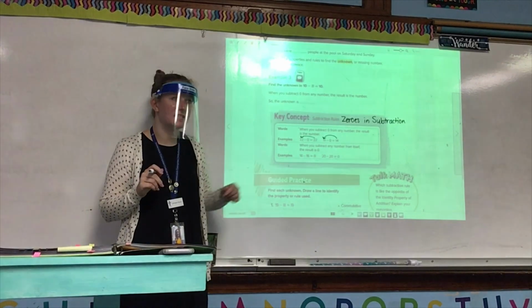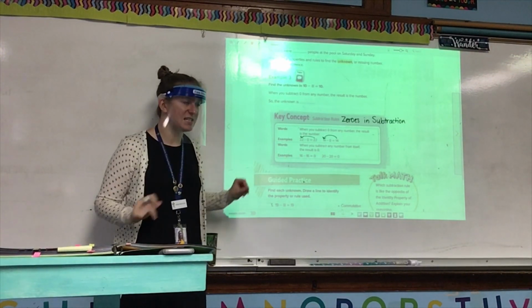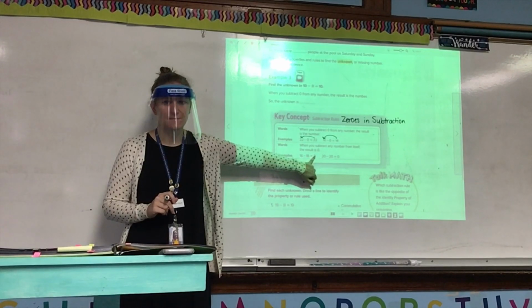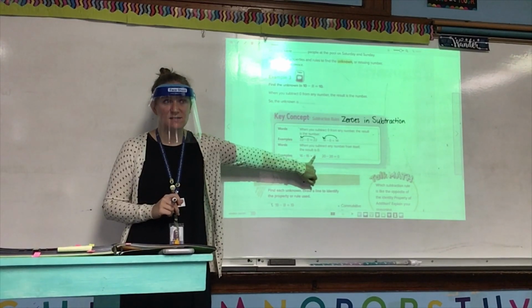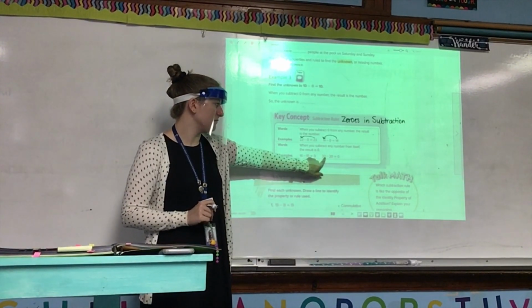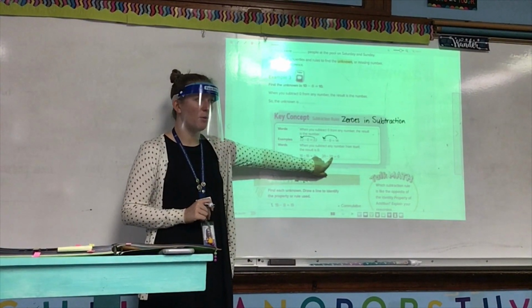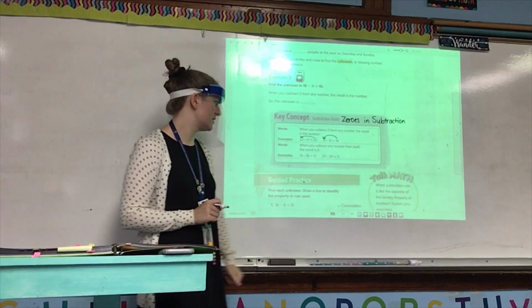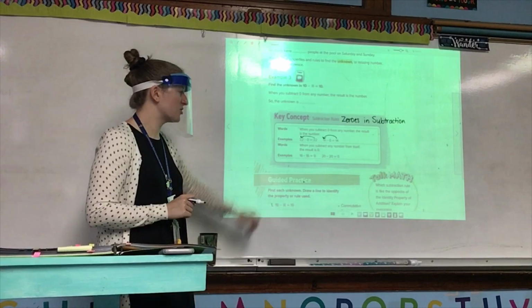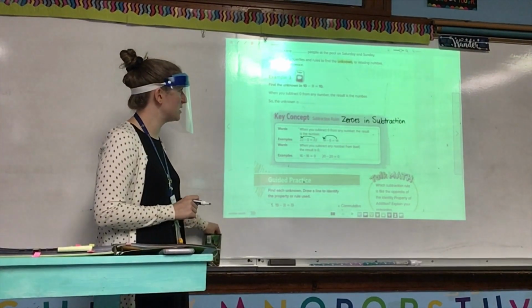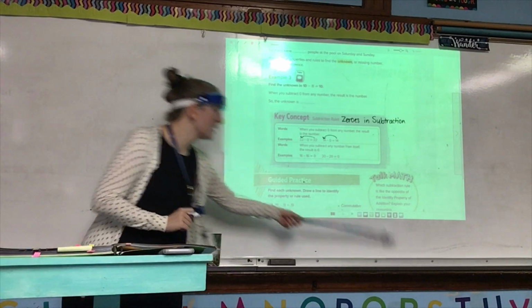Because if you start with 16 and you give 16 away, you end up with what, class? 0. If you start with 20 and you give 20 away, you end up with 0. So make sure you memorize these subtraction rules and these properties of addition. Now, finger or pencil on example 3.